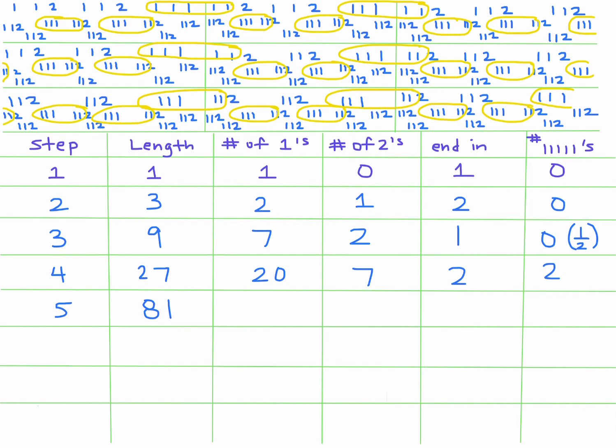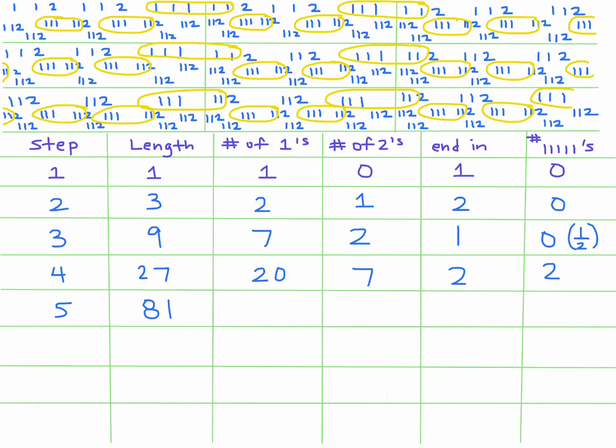Here's a trick. The number of 2s is going to be the same as the number of 1s from the previous step. Let me repeat that. The number of 2s will be the same as the number of 1s from the previous step. Why?